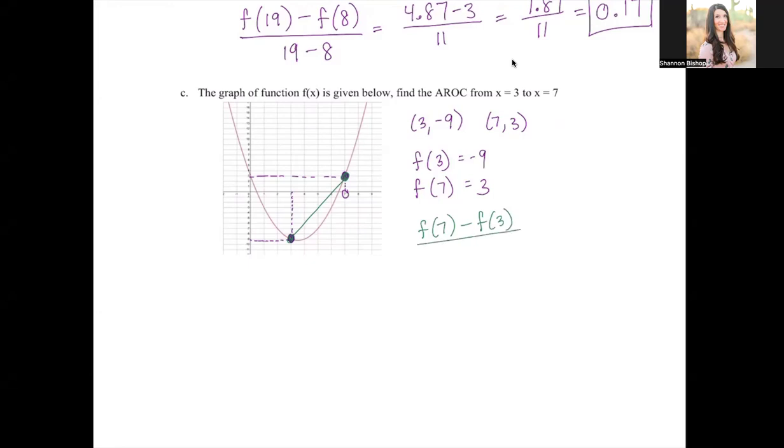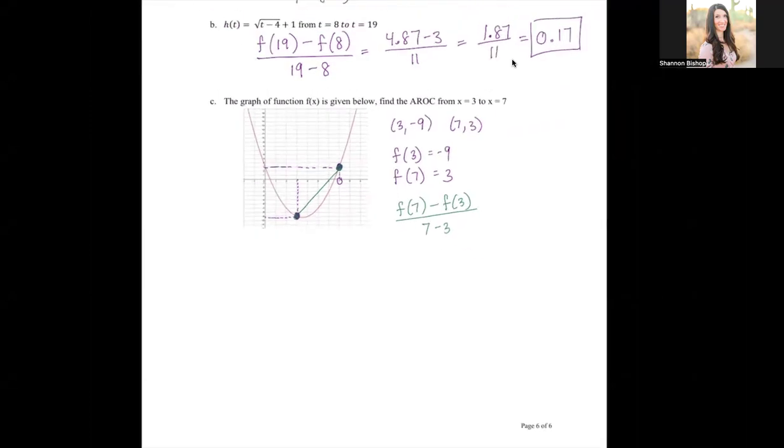So this is where the order does matter when you're going from point A to point B. So 7 minus 3. Because again, I can tell by looking at this that it's 4 units forward. I know that from 3 to 7 is 4 units forward. But technically, how do you calculate that? Well, it has to be 7 minus 3. Okay, so like we said, it's 4 units forward.